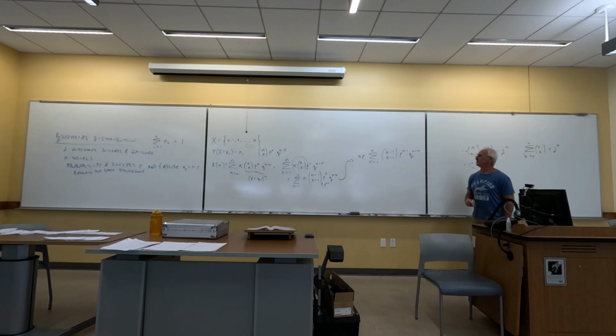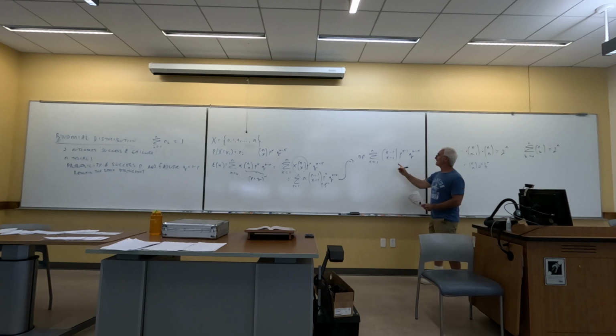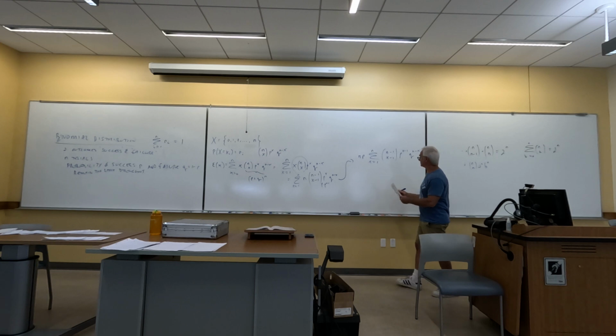Now that just looked goofy. I want to shift it so it starts at 0 again. If X is going from 1 to N in this statement here, then the highest I could have is N minus 1. I would like to shift that to start at 0.